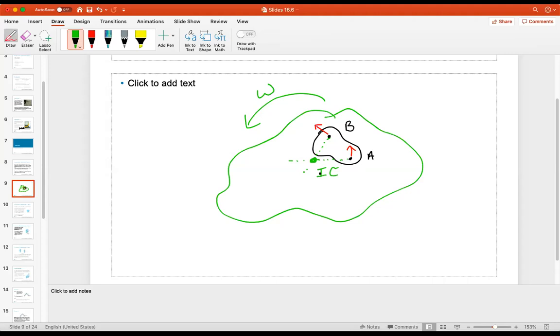Your book does not prove that this is always possible. I worked out a proof. It's a little complicated, so I may add that in another video if I work up the energy to do that. It's a little tricky.